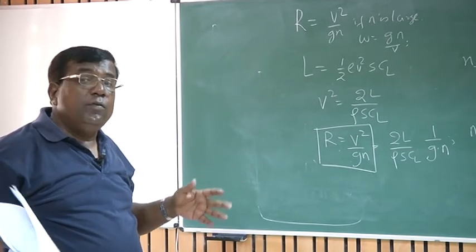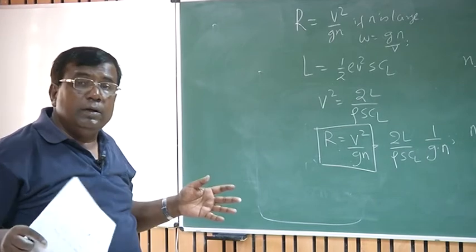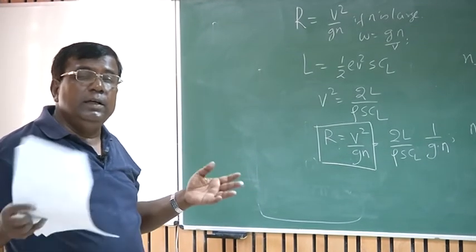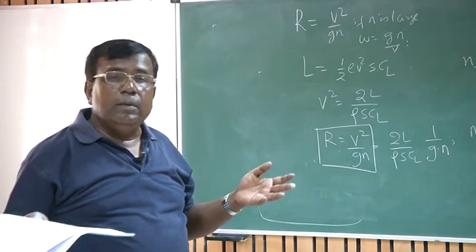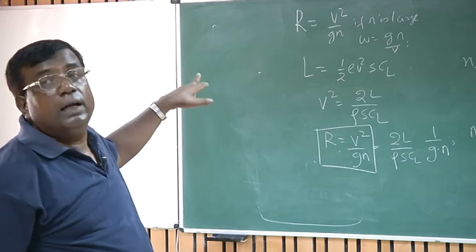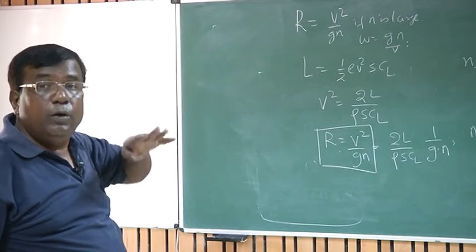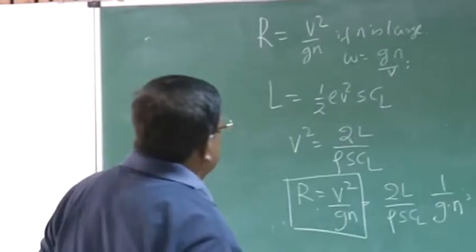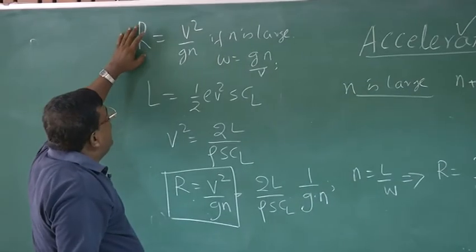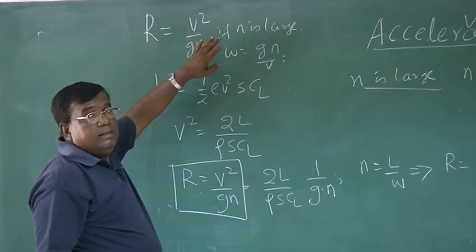Design layout of what? Design layout of primarily the wing, because the wing is giving this force. So how do I connect one of the important wing properties, like wing loading, with this R or omega, the angular rate? That is our aim. And keep this in mind: R equal to V square by g n if n is large.